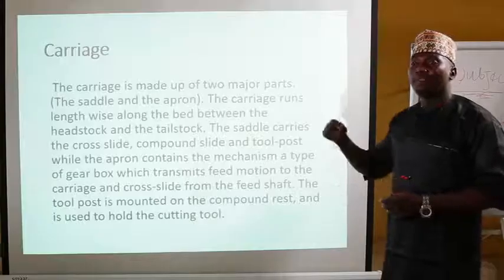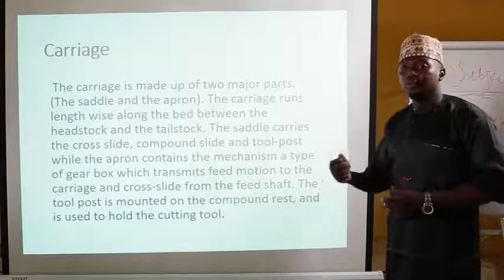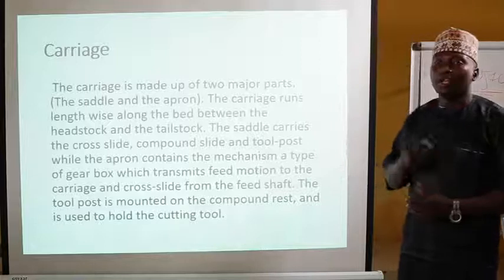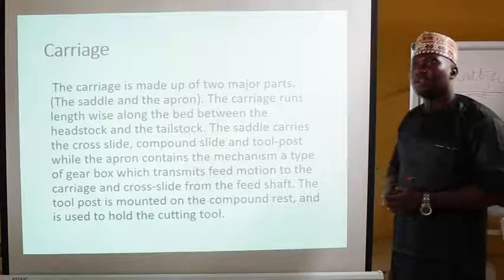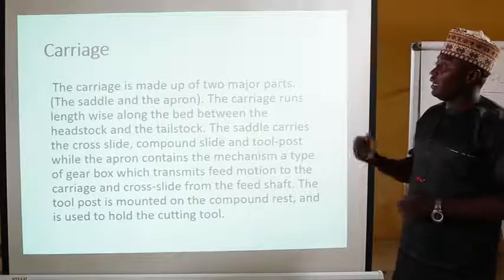Of course, the last one is the tool post, which I said is mounted on top of the compound slide. Whenever the compound slide moves, the cutting tool moves along with it, cutting the workpiece to the desired shape or size.